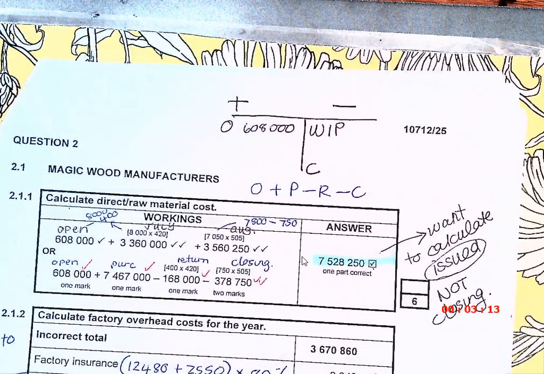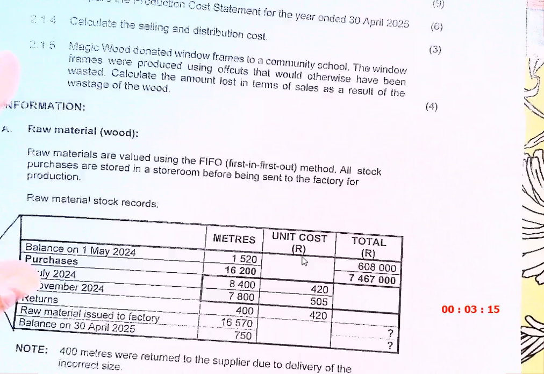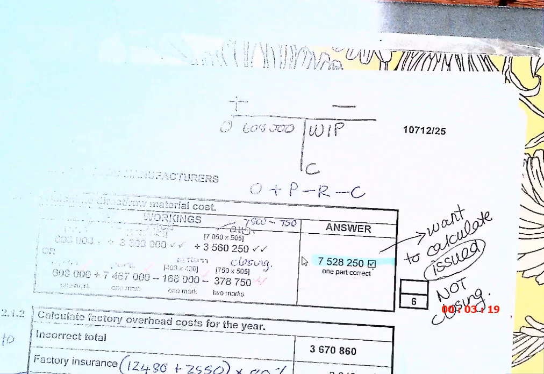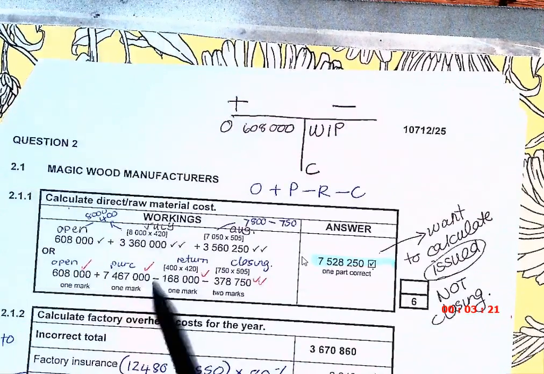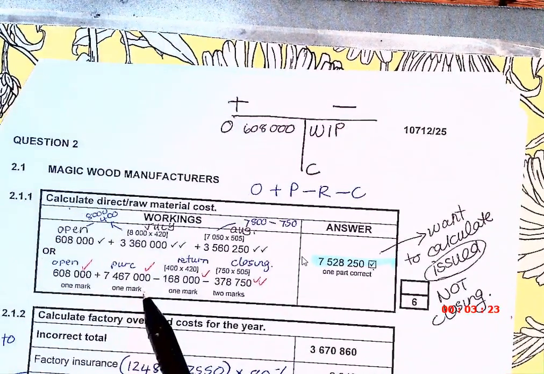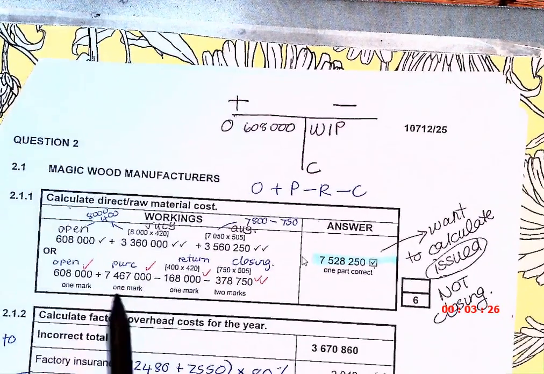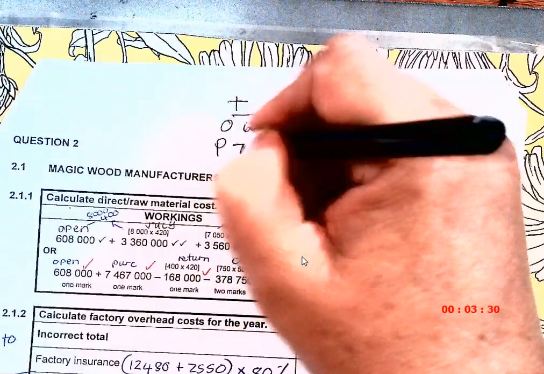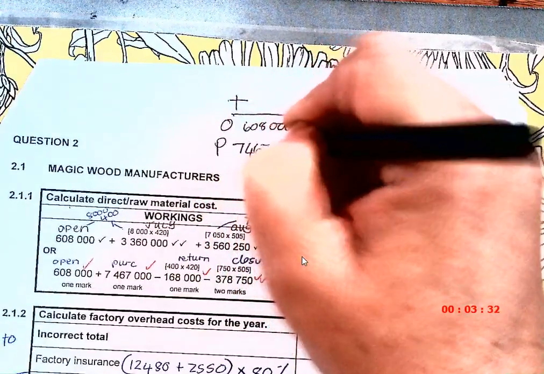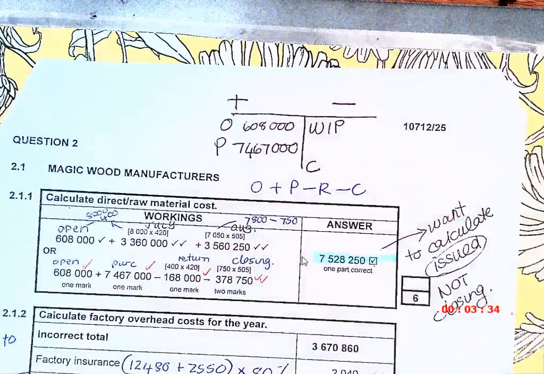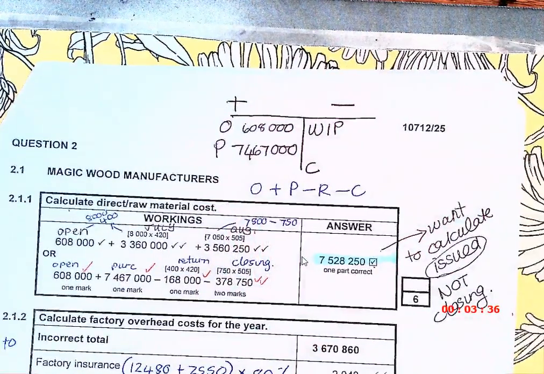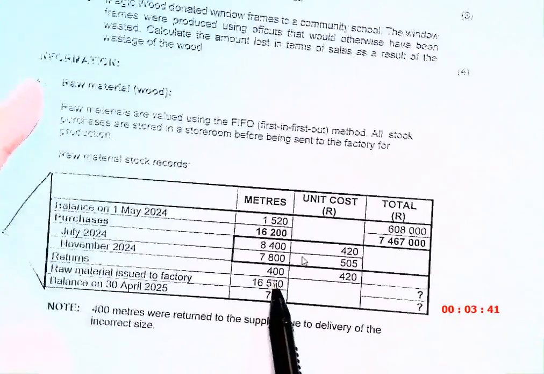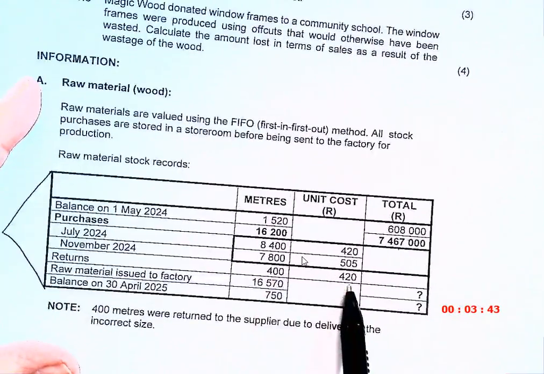Okay, so now let's go look. Purchases, this is how much I bought. 74, why do they not have that? Yeah, there it is. 7467. So my purchases 746700. Okay. Now there were returns of 400 units at the unit cost of 420.